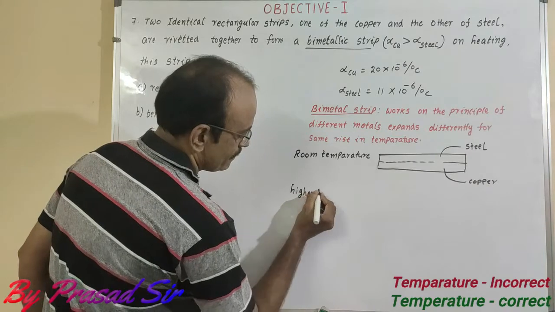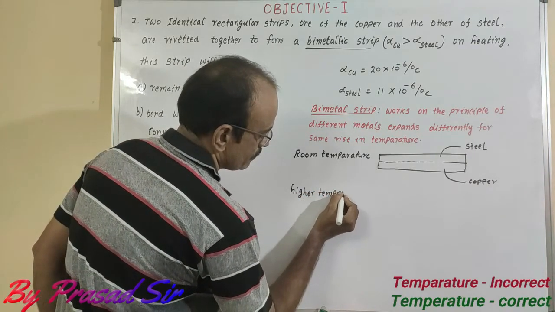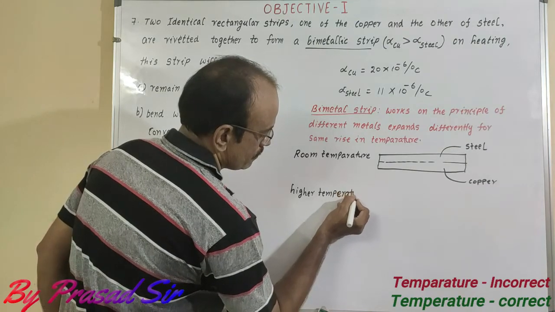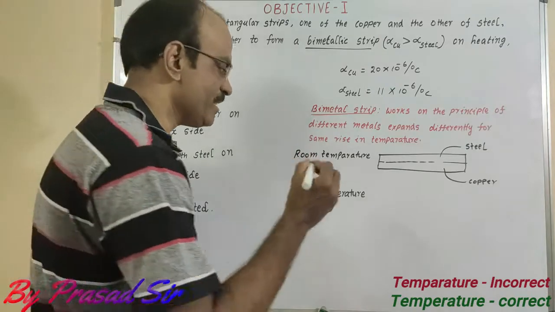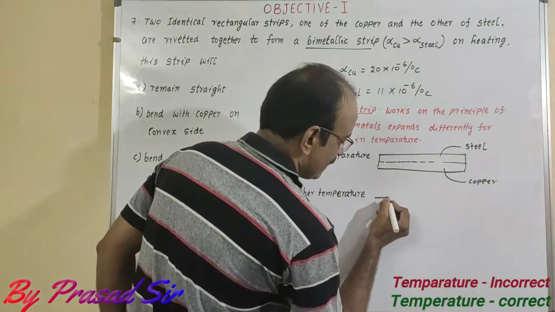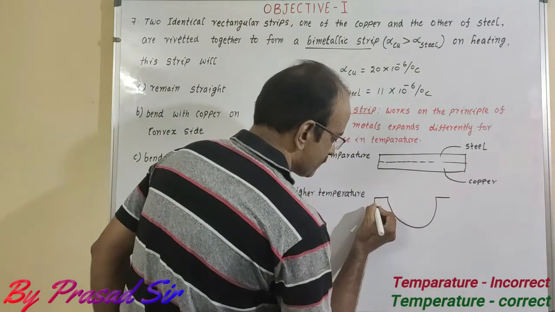At higher temperature, what happens? Then immediately, this bimetal strip turns like this.